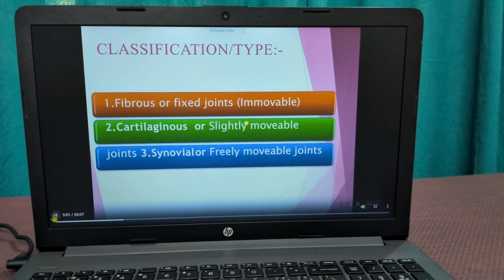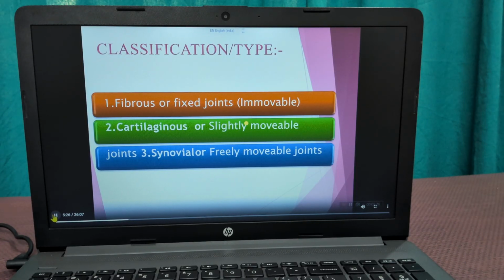And the last is the synovial joints. Synovial joints are also known as freely movable joints. These are the types of joints which can move easily or freely, because of the presence of synovial fluid between the joints.